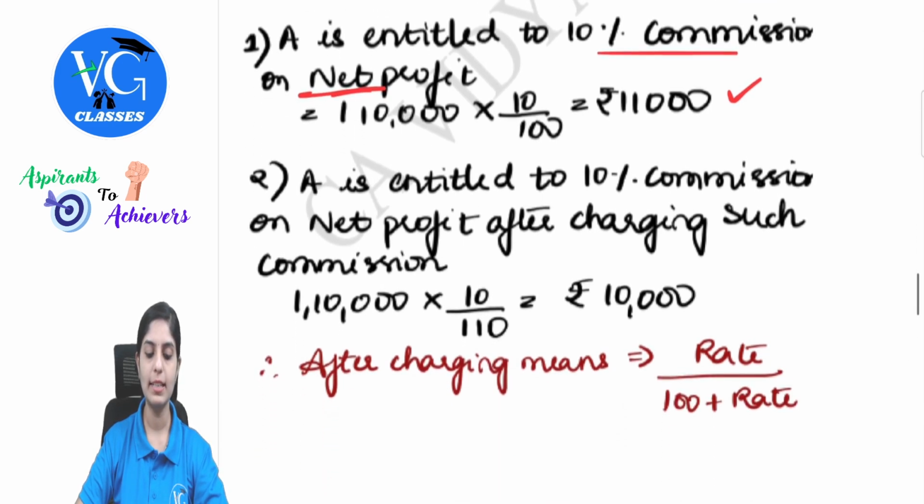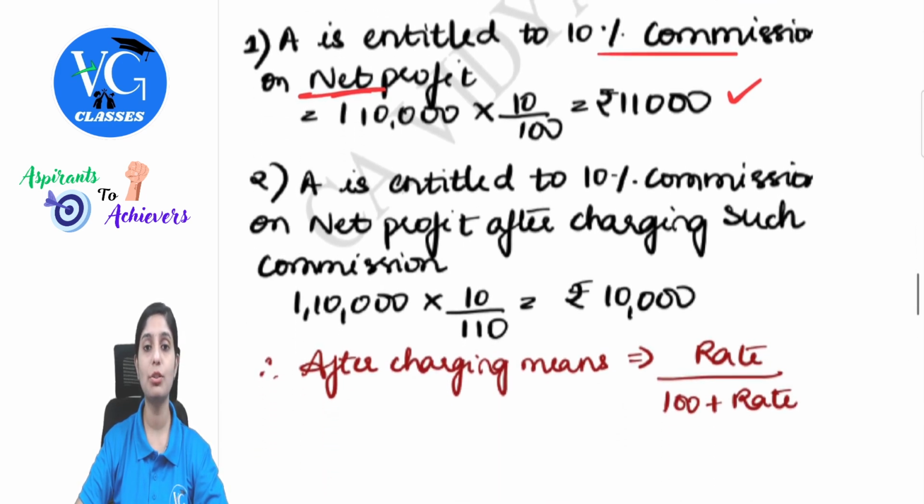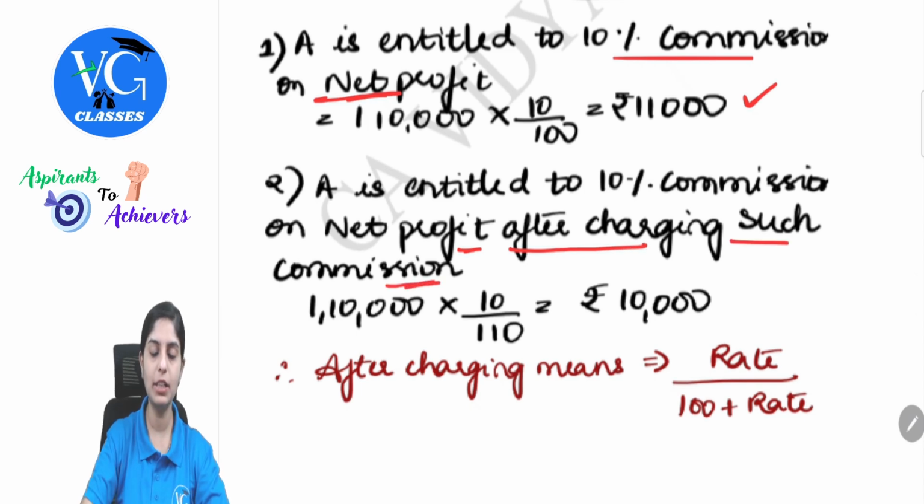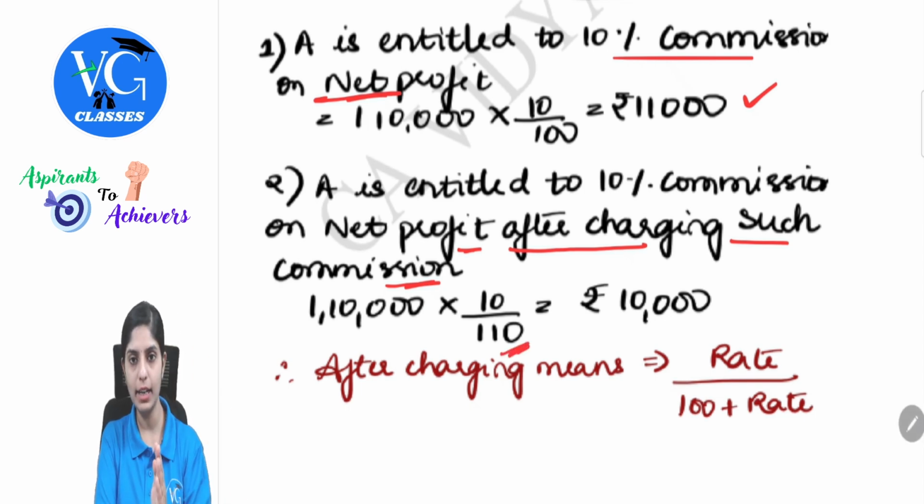Next case, it says A is entitled to 10% commission on net profit, but this is not just net profit. After charging such commission, after charging is the word which you need to observe. If that is mentioned, you will take net profit, but observe here, instead of taking just rate by 100, we will take rate by 100 plus rate.